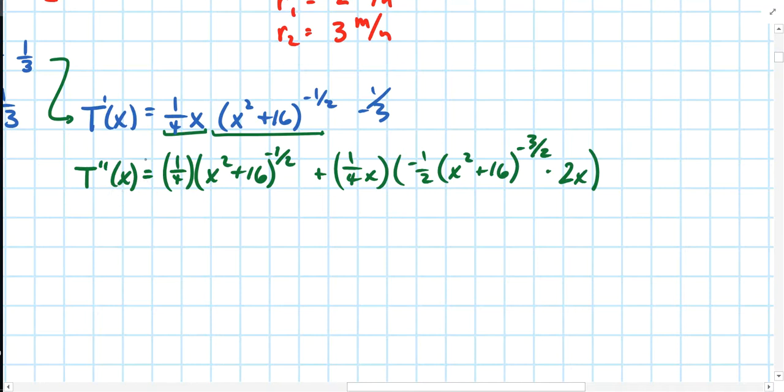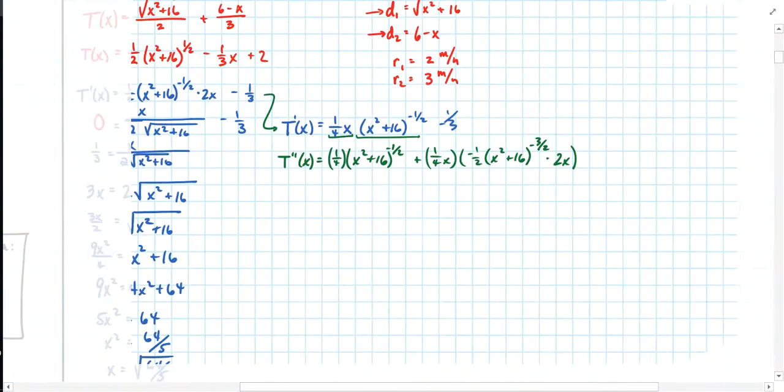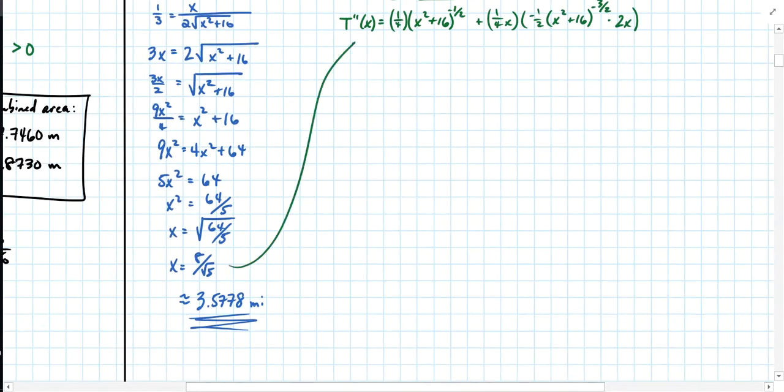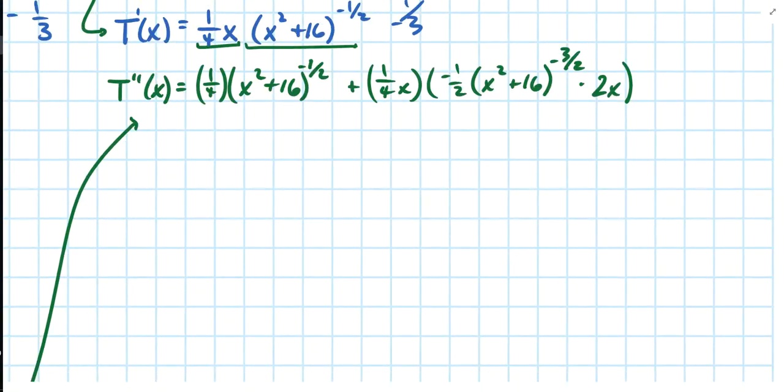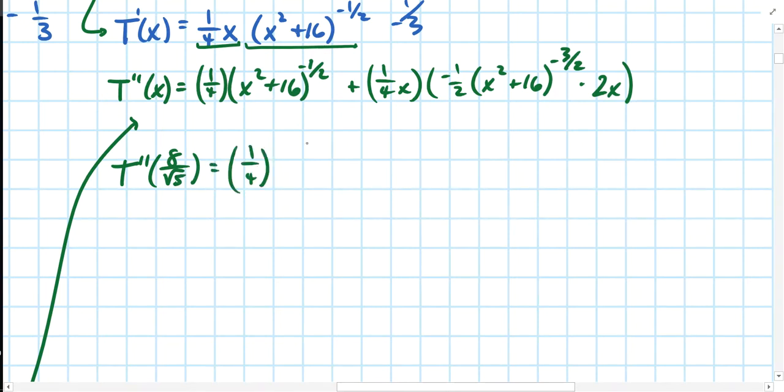And this second derivative could be evaluated, and should be evaluated, at the result that we had identified down below. All right, and that was 8 over radical 5. So if I evaluate T double prime at 8 over radical 5, that's going to be 1/4 times 8 over radical 5 squared plus 16 to the negative 1/2 power.